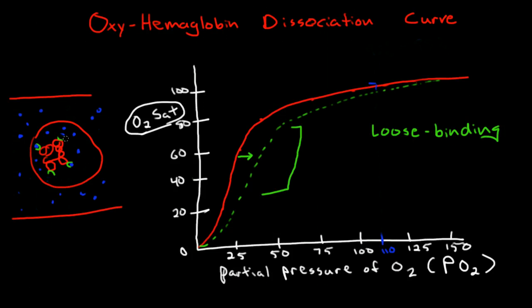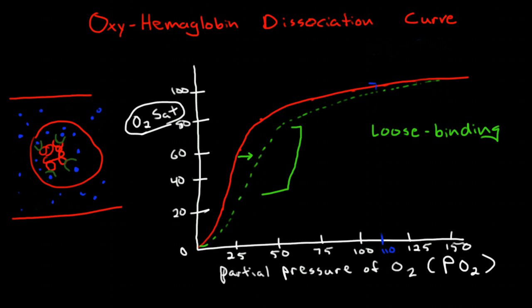There are chemicals in the body, or conditions in the body, that actually change the conformation of these binding surfaces of the hemoglobin molecule, so that they have a wider conformation. And this wider conformation makes it so oxygen can still bind, but it's going to be bound a lot looser. Okay, so it's still binding there, but it's much looser.